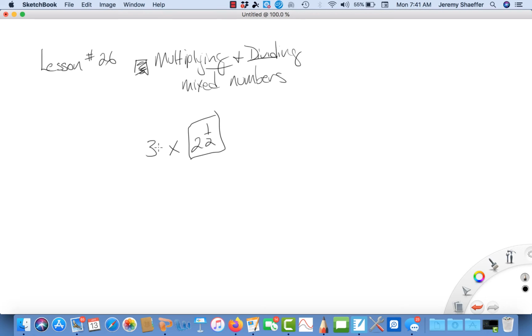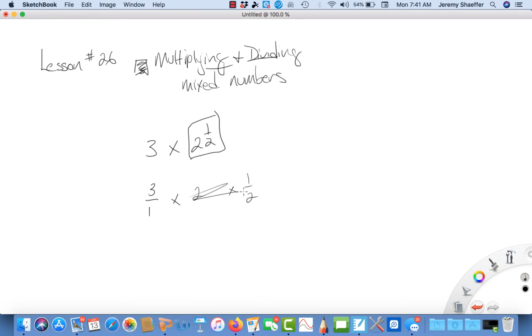Well, if you just have a whole number, oftentimes you will put it over 1. And then for a mixed number, we could say times 2, and then after that multiply it by 1/2.